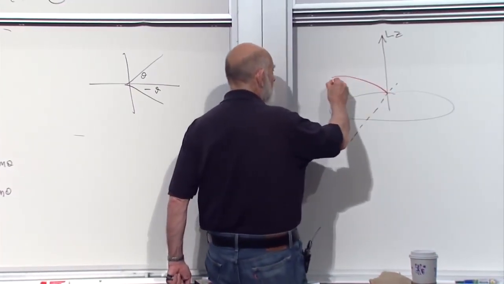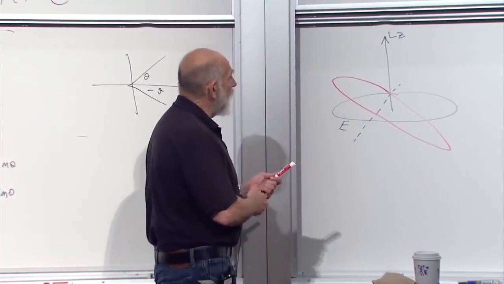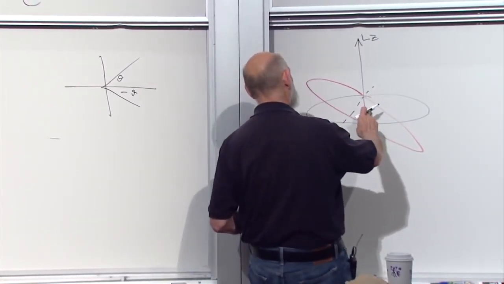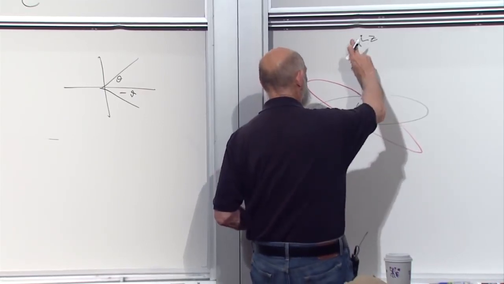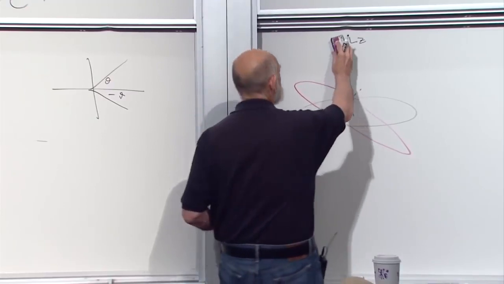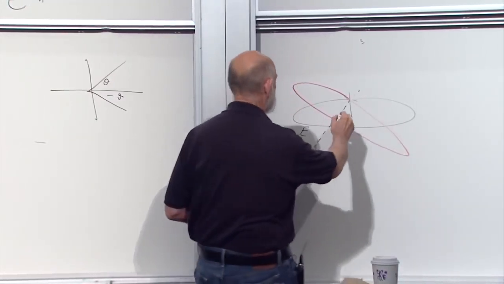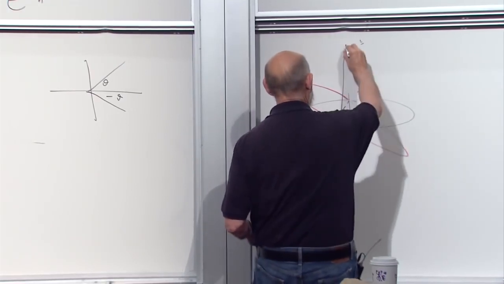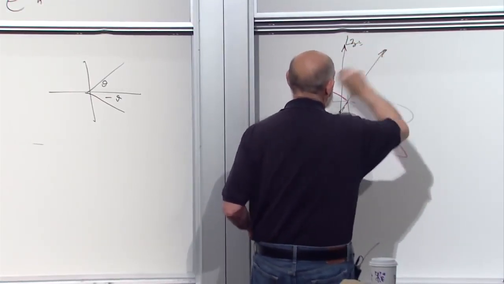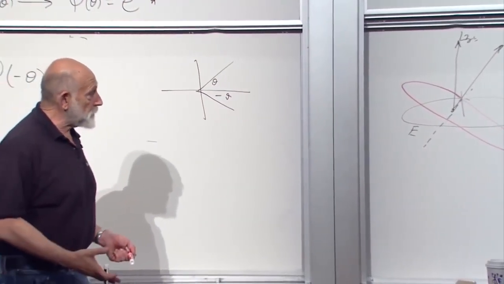It's a new configuration, and the angular momentum has changed. I don't like my picture. This is in the wrong place. It should be coming from here. There's Lz, and now there's a change in L. It's picked up an x component.